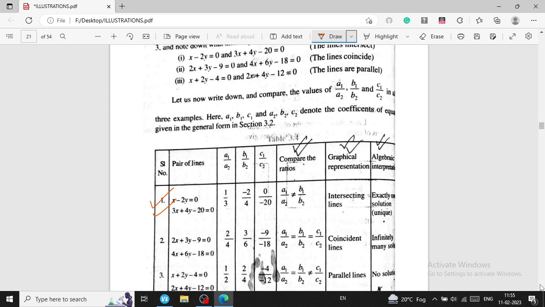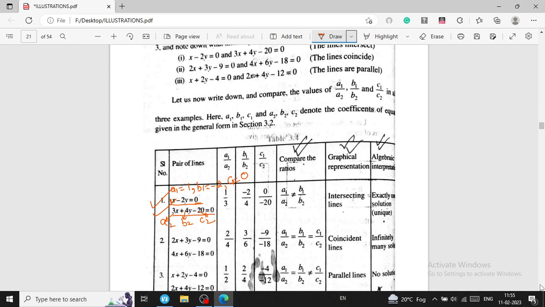How? Here in this equation, a1 is equal to 1, b1 is equal to minus 2, and c1 is equal to 0. We take from the first equation all the a1, b1, c1 values. From the second equation, we will take a2, b2, and c2 values. a2 value is 3, b2 value is 4, and c2 value is 20.